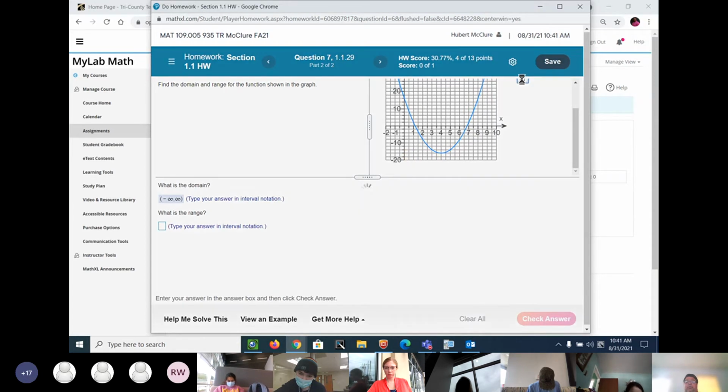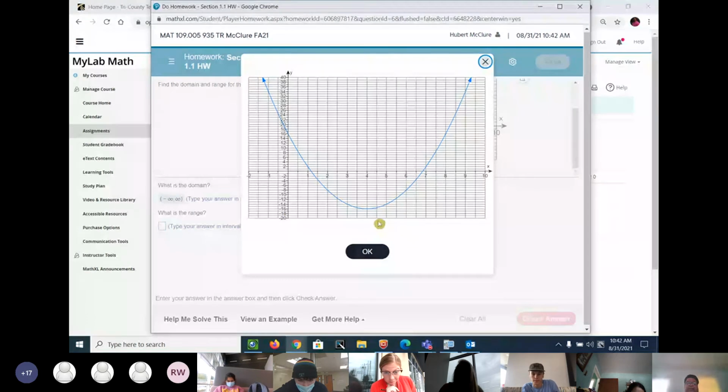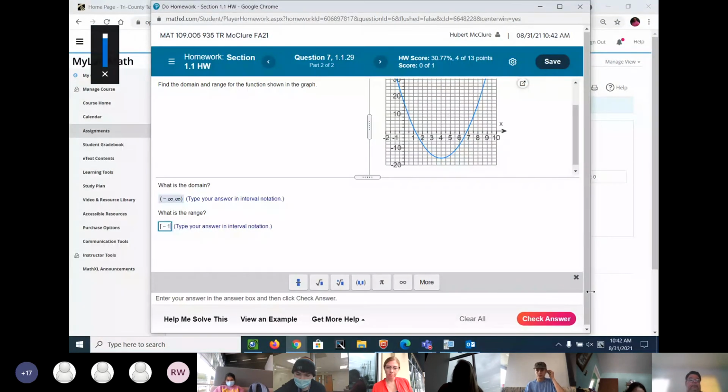God, you got to blow it up even more. Oh my Lord. There's no way. I say negative 16, but y'all got to use a magnifying glass. I can't even see that. I'm going to say negative 16 to infinity. Negative 16 to infinity.